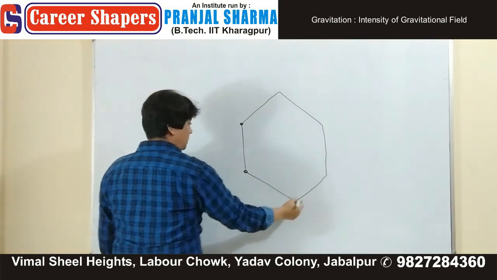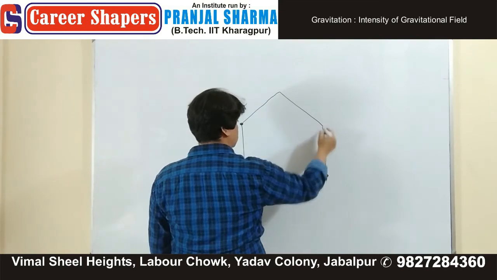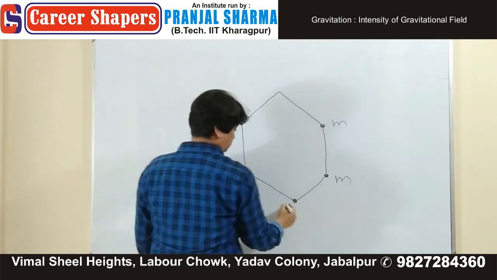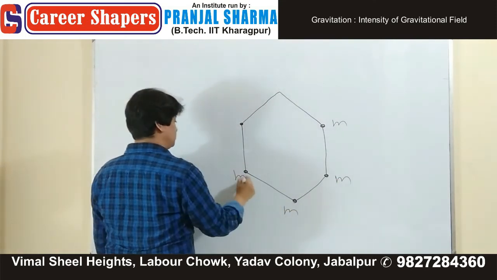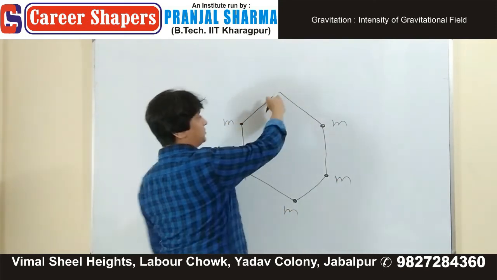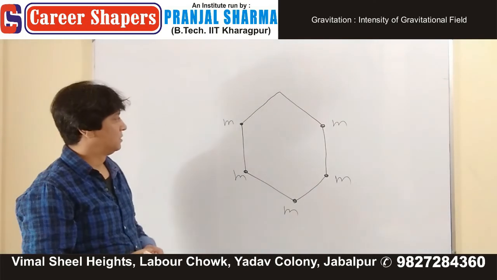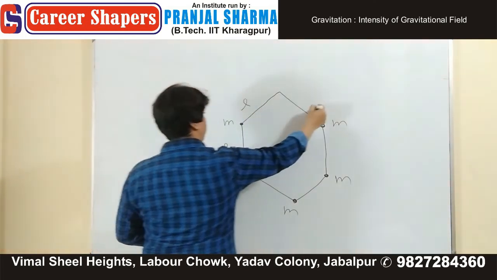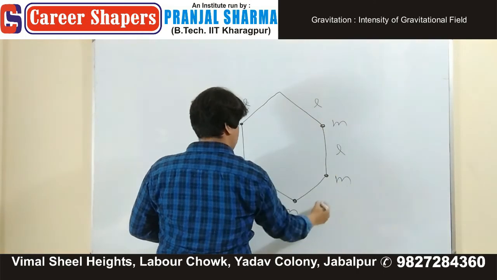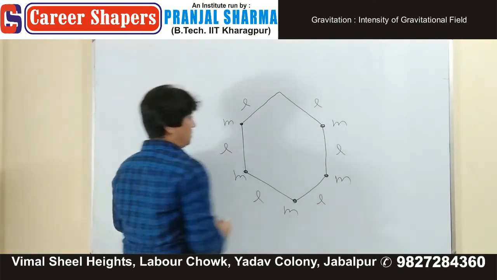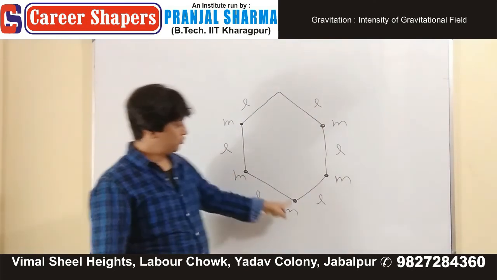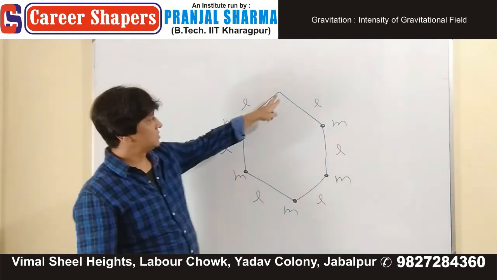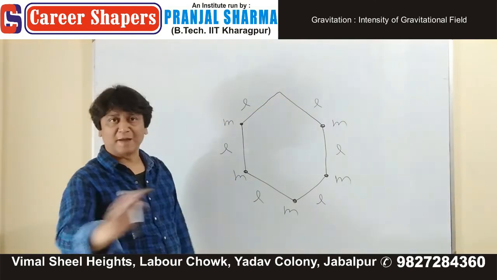This regular hexagon has 5 identical masses, and the 6th place is empty. One, two, three, four, 5. 5-point masses, and the 6th place is empty.